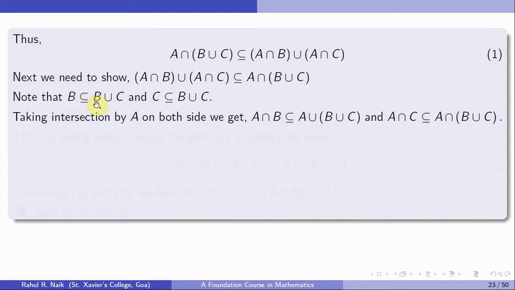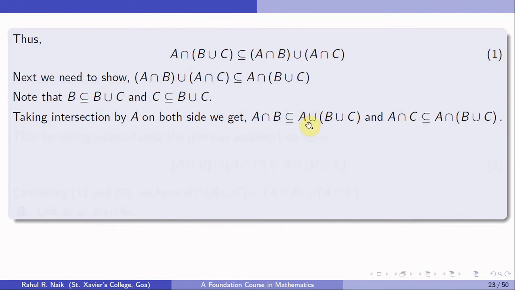We get A intersection B contained in A union, this should have been intersection. Okay, so this is an error, so please take note of this, because we are taking the intersection with A. So this is A intersection (B union C), and similarly A intersection C is contained in A intersection (B union C).